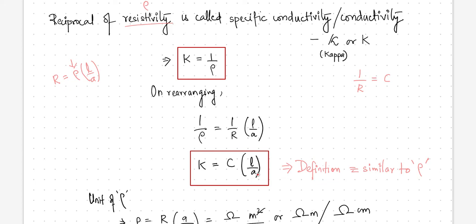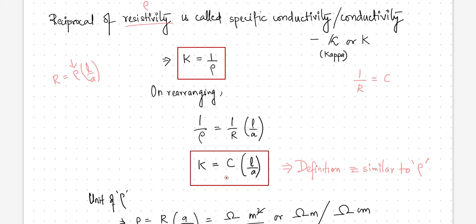In terms of volume, conductivity is equal to the conductance of a conductor of volume 1 centimeter cube or 1 meter cube.